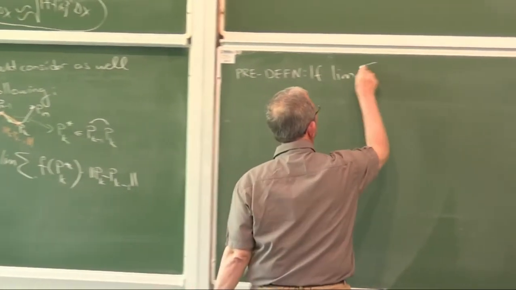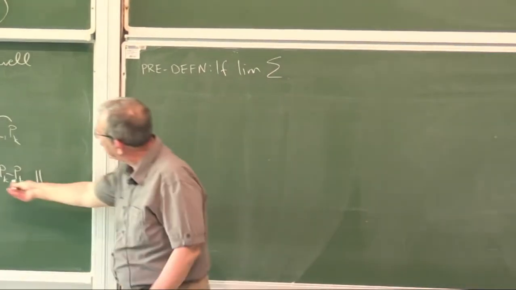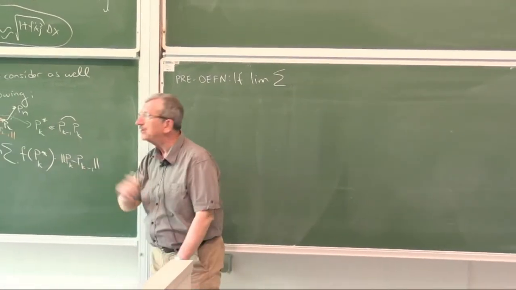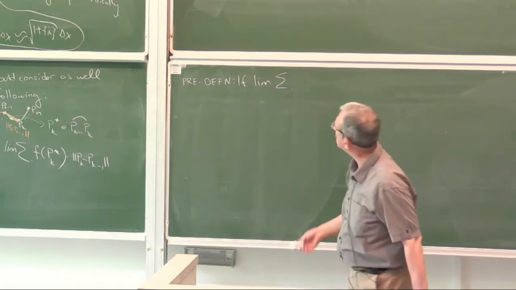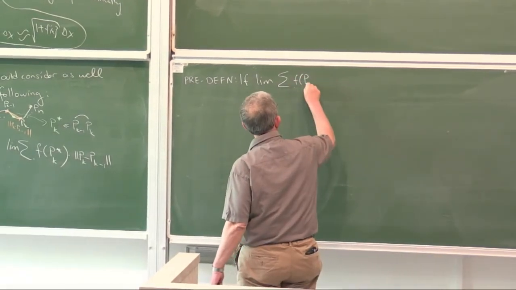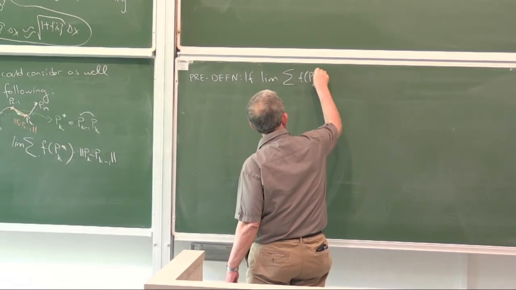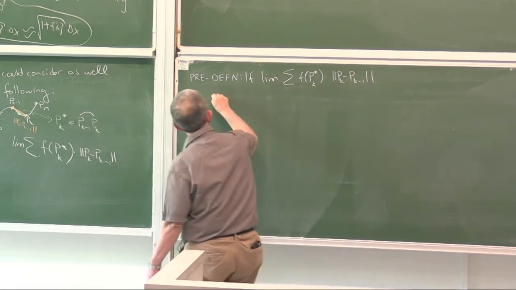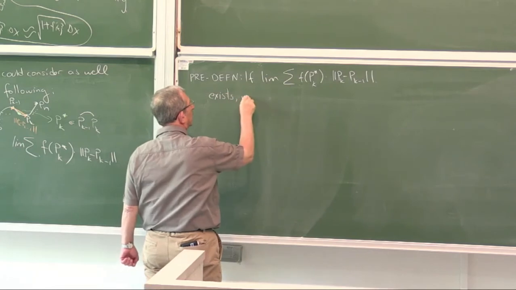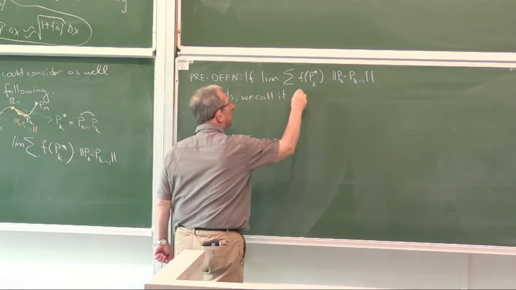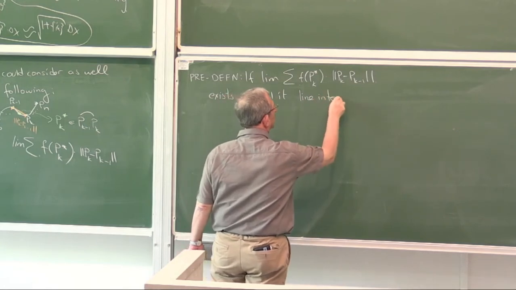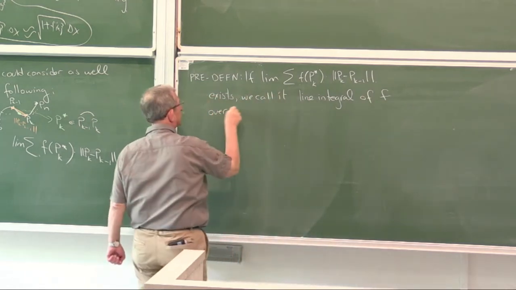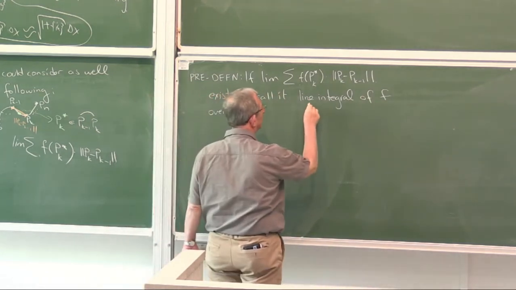If the limit, of course, when the P_k's get closer and closer, so the length of the difference goes to 0, as usual in a Riemann sum, so the sum of f of P_k star times the length of P_{k-1}P_k exists, we call it the line integral of f over C, actually line integral of the first kind.